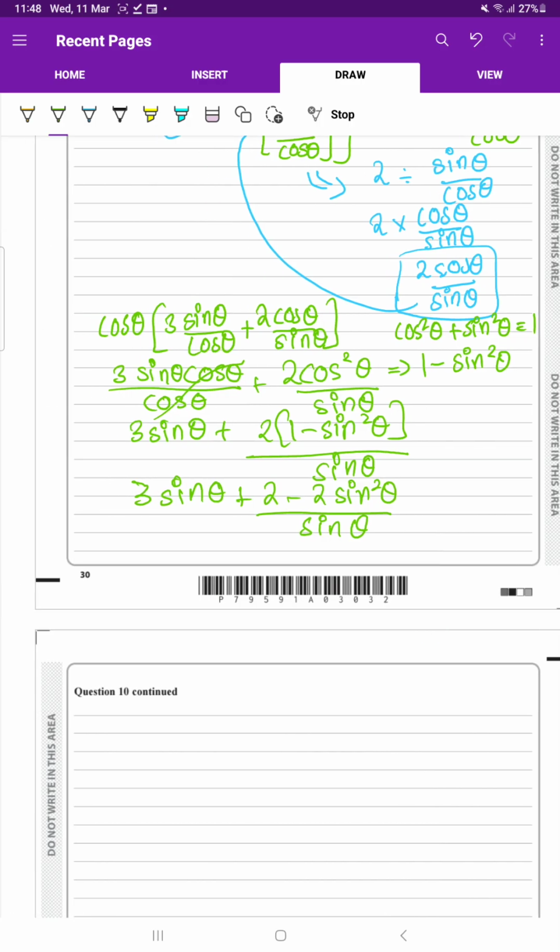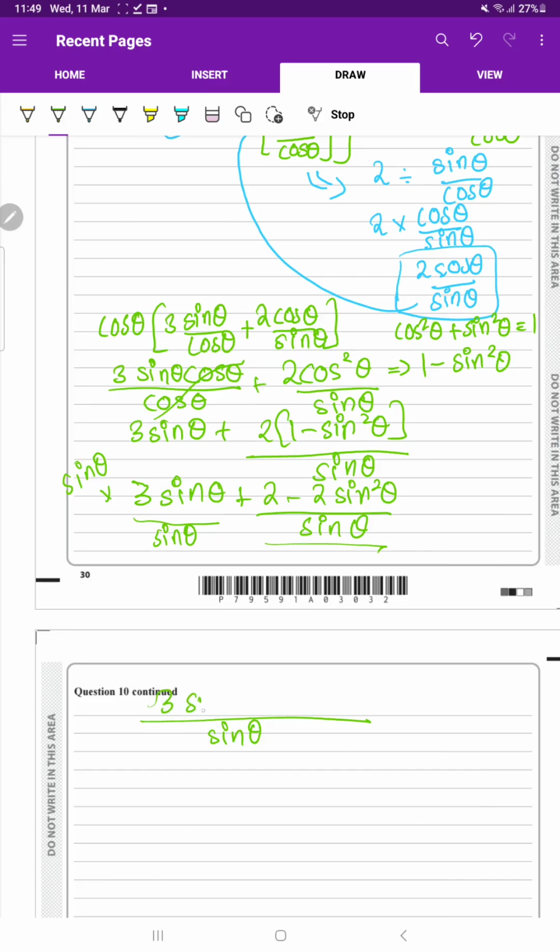We can add these two by taking a common denominator of sin theta, so we multiply the 3 sin theta by sin theta.